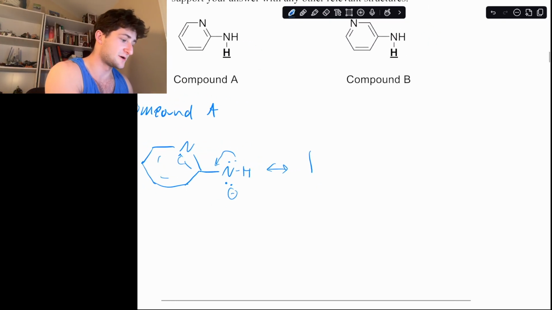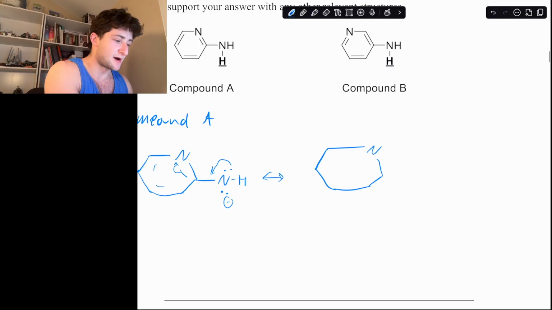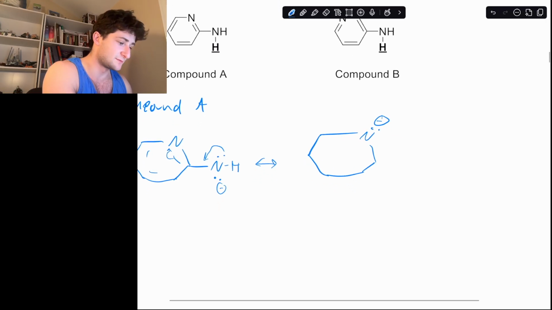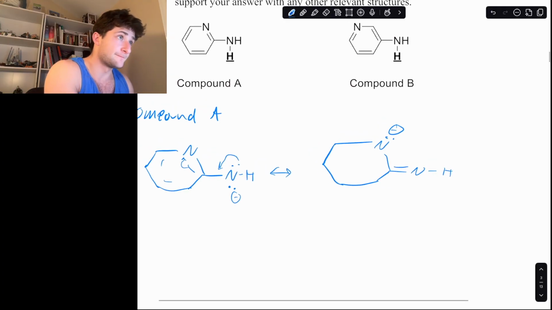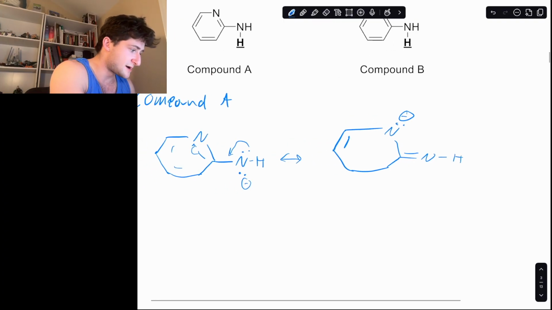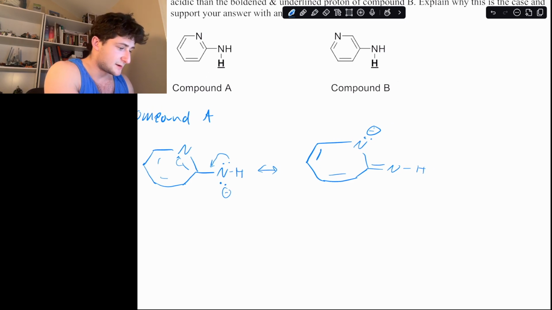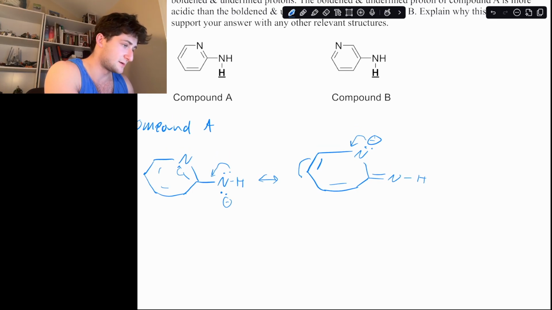Alright, next structure. So now we have a negative over here on this nitrogen, because remember we just moved it over. And don't forget to draw your other bonds. Okay, again, lone pair, pi bond, lone pair.